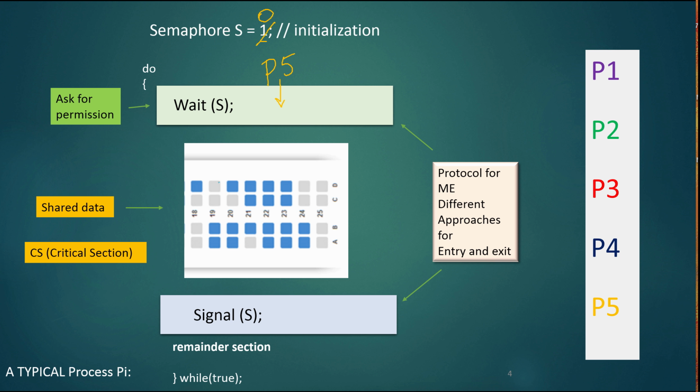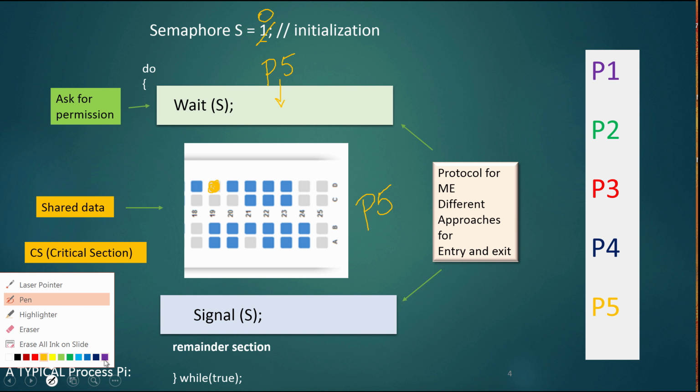P5 will be in here booking the seat. So P5 basically owns the critical section and no other processes can get in there because now the value of the semaphore is 0. If P3 or P2 or P1 were to come here and run their wait, they would have to sit there and wait.